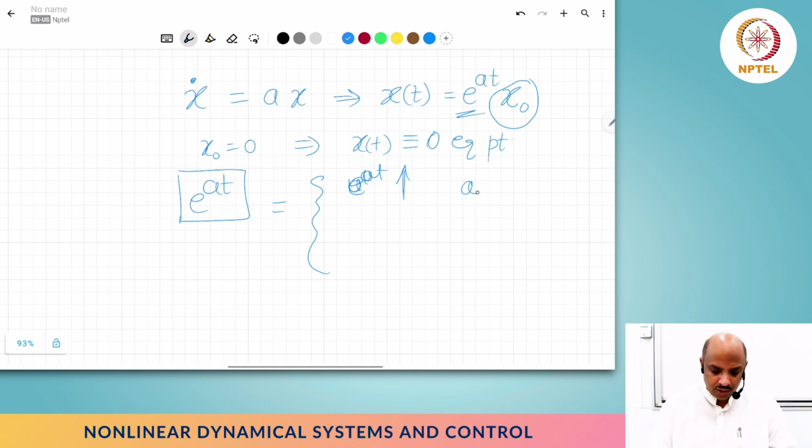It's 1 consistently if a is equal to 0, and goes to 0 if a is less than 0. So if we want asymptotic stability, clearly we want a less than 0.